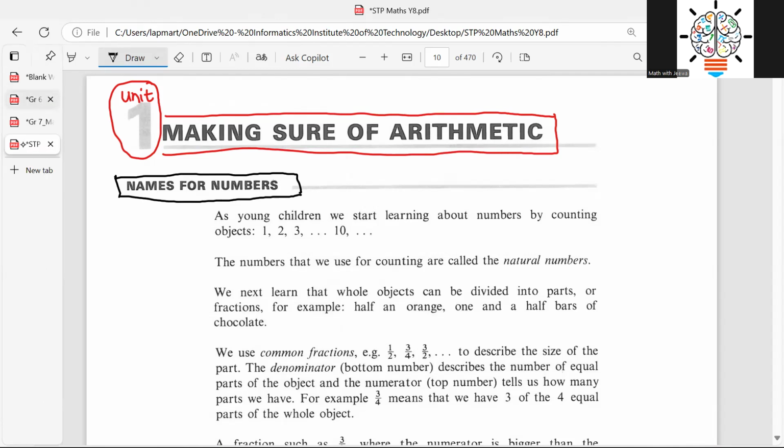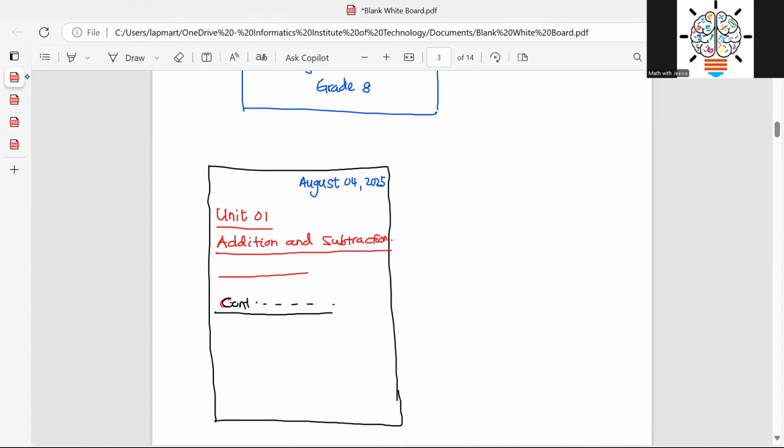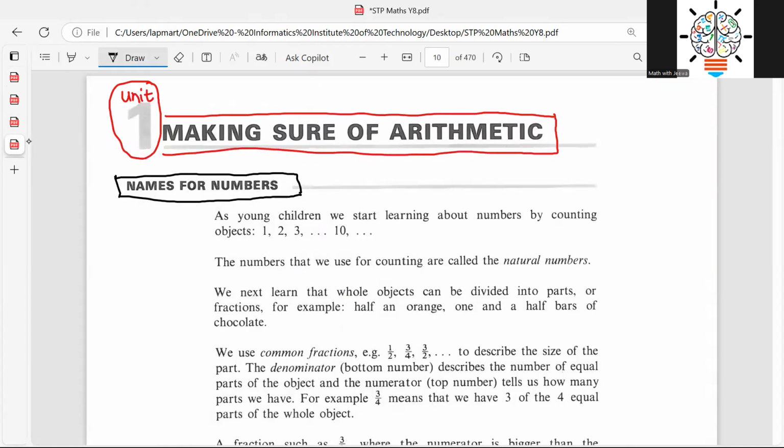So hope you can remember what I explained. The very important thing, you want to put the date before you start the work, children. You put the date, write down the unit number, Unit 1, and then the unit name, making sure of arithmetic, in pink color. Then you write the first subtopic, names for numbers, right?